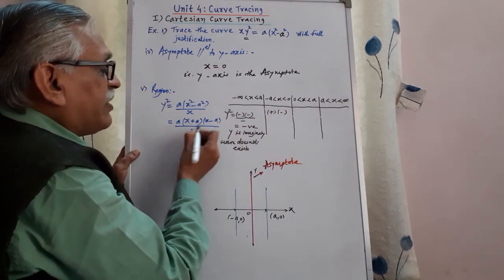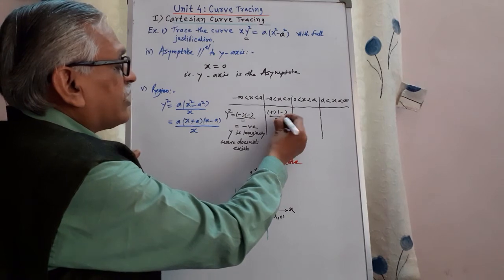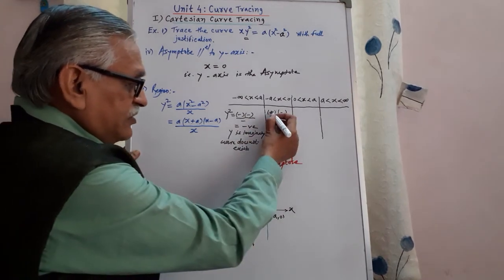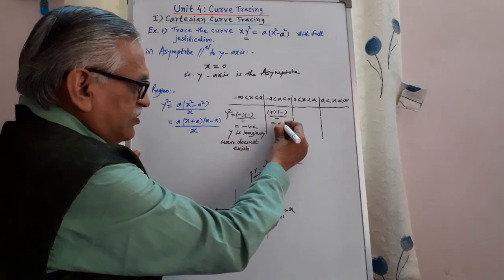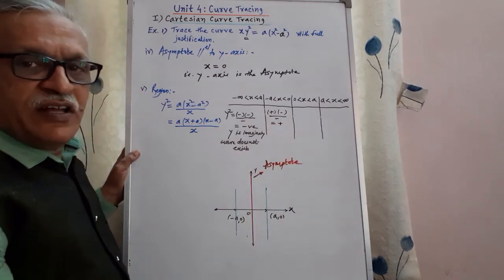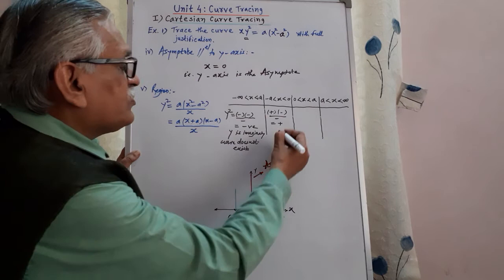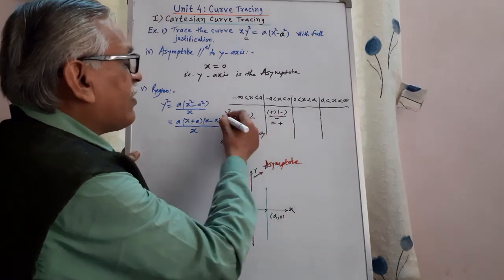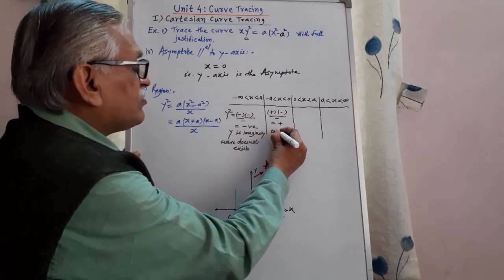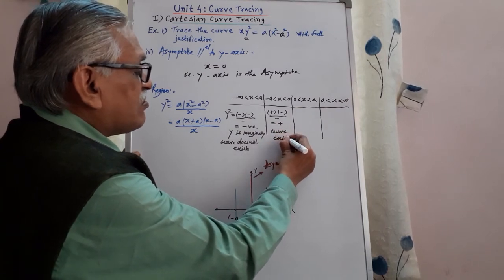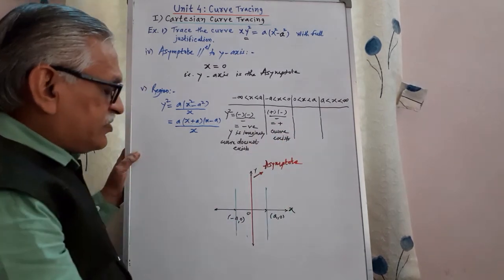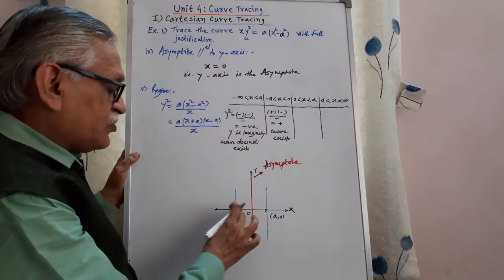And this one is minus a by 2, again minus. This product is minus, and divided by minus, we get the resultant term as positive. And as y square is positive, the curve exists between 0 and minus a.